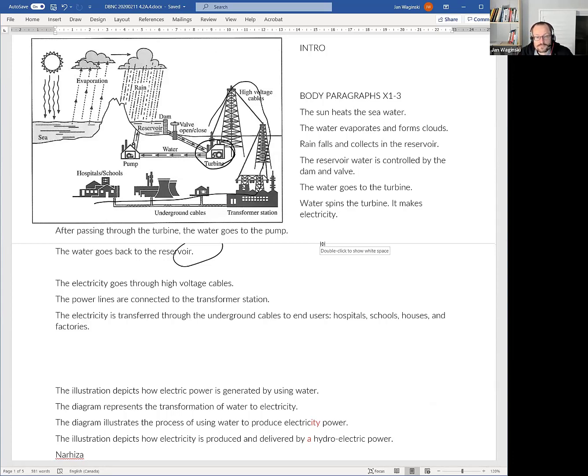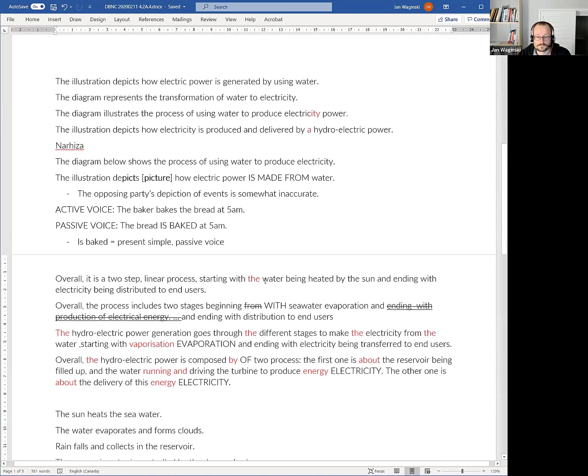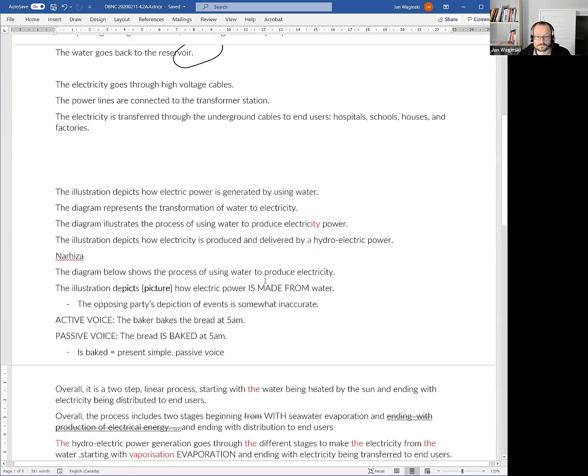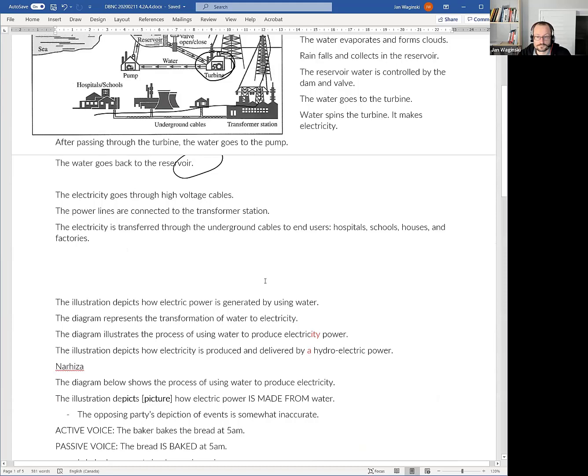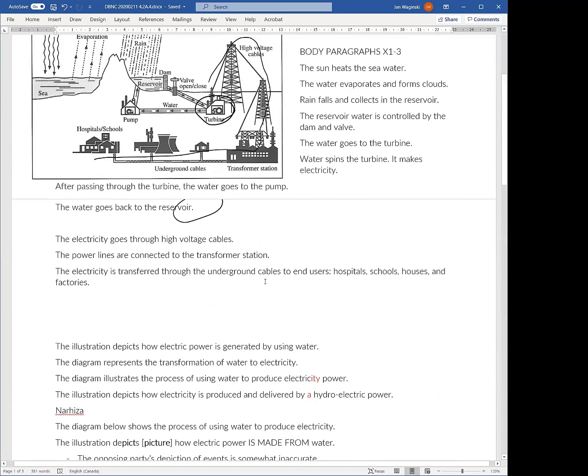But then what is the function of the valve? That's it, we'll go back to control, right? Like when it's opened, the water flows to the turbine. That's it.